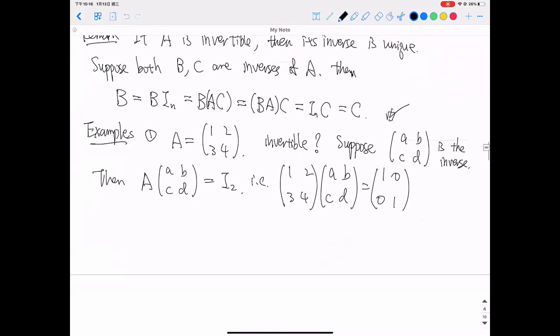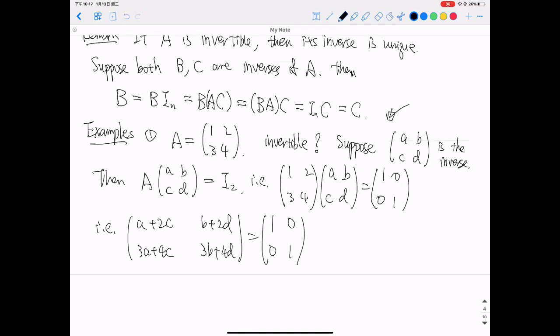Now, if you compute this, you get a plus 2c, b plus 2d, 3a plus 4c, 3b plus 4d, equaling 1, 0, 0, 1.